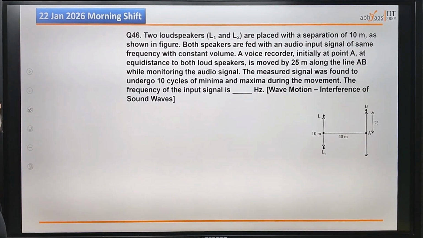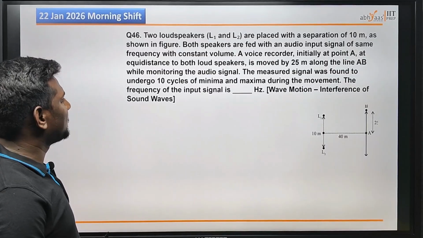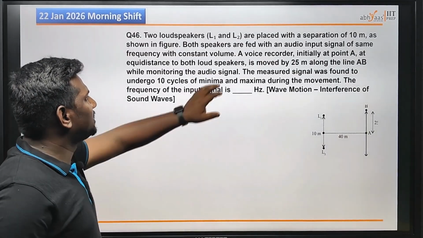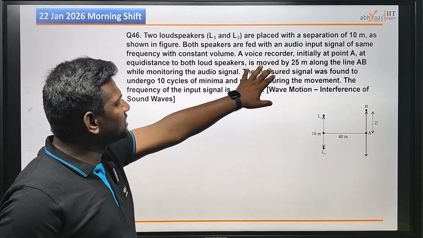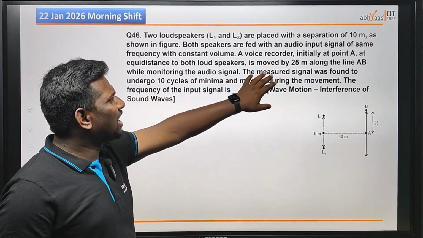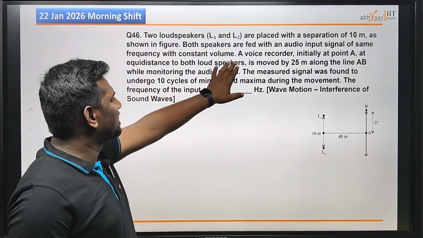So next question, see here, question number 46. What are they asking? Two loudspeakers L1 and L2 are placed with a separation of 10 meters as shown in figure. Both speakers are fed with an audio input signal of the same frequency with constant volume.